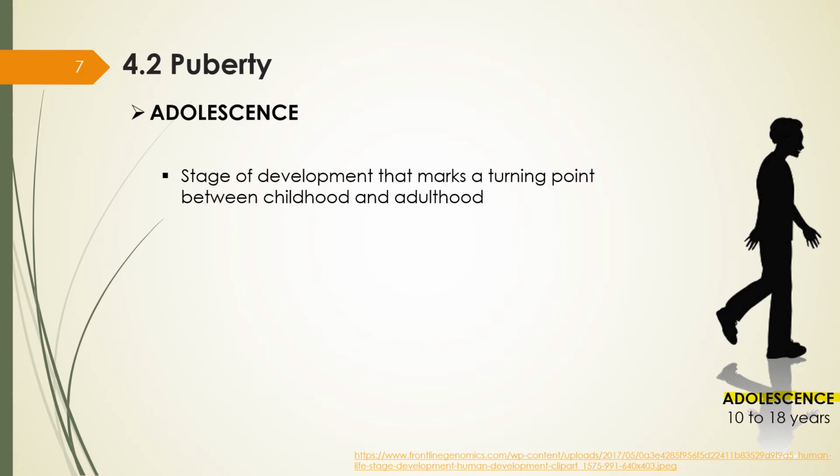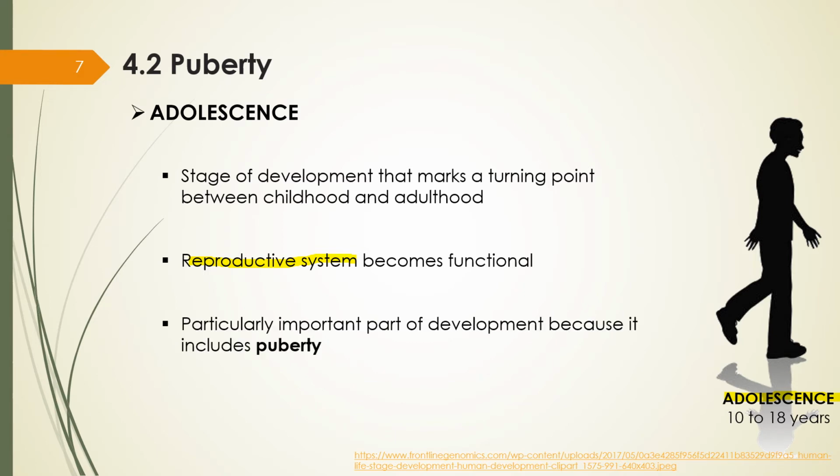So it's like the middle, it's between childhood and adulthood. And it's when your reproductive system becomes functional. So in this age, your reproductive system will start working. And it's a particularly important part of development because it includes puberty.